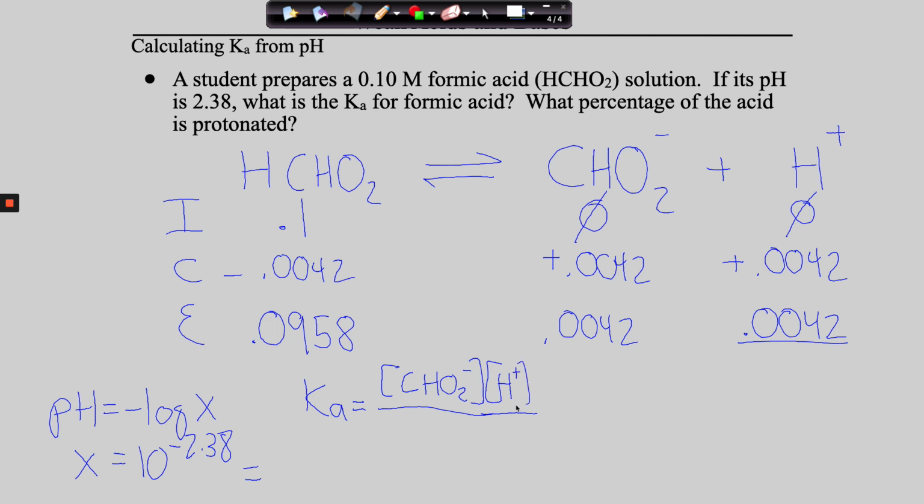Hydrogen ions, and then HCHO2. It's hard for me to write down low. Then guys, what if I do this? 0.0042 squared divided by 0.0958.